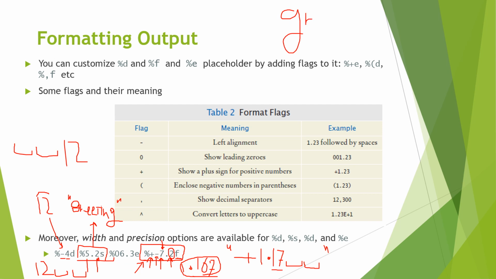And then the 5, which is the width option, will basically pad the string with 3 spaces in the front so that the total length becomes 5. So this is the result of printing greetings using %5.2s. So the precision option in %s is not really for precision, it's only for truncating your string.